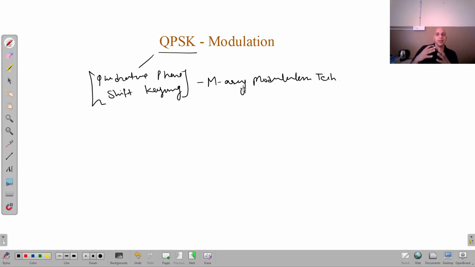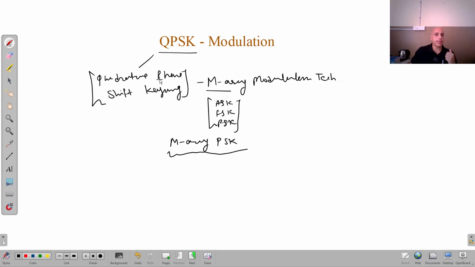In the earlier lecture, I have explained all M-array modulation techniques that contain M-array ASK, M-array FSK, M-array PSK, right? So in this lecture, now I'm going to discuss exclusively the M-array PSK modulation technique. And quadrature phase shift keying is basically a type of M-array PSK modulation technique, right?